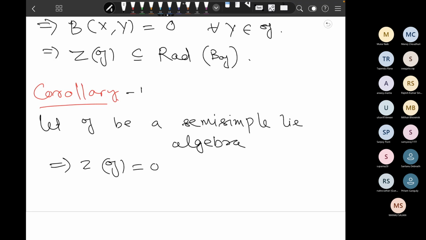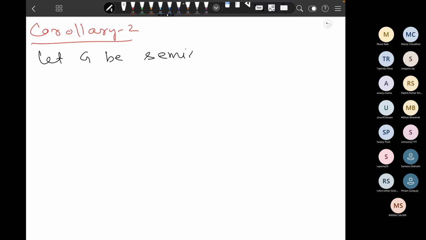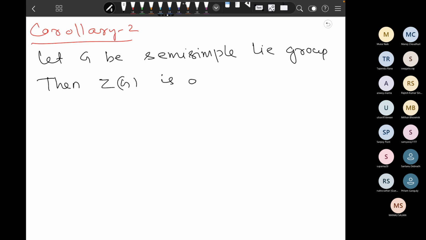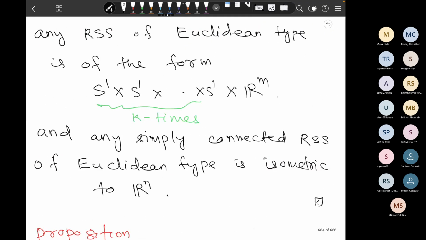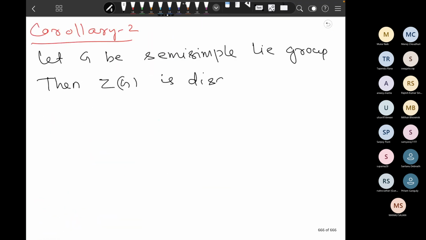Corollary 2: let G be a semi-simple Lie group. Then Z(G) is discrete, because the small z(G) is equal to 0, therefore Z(G) is discrete. This is easy to see.